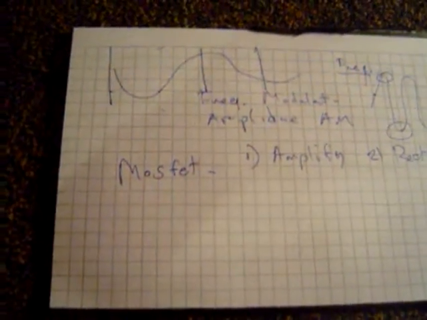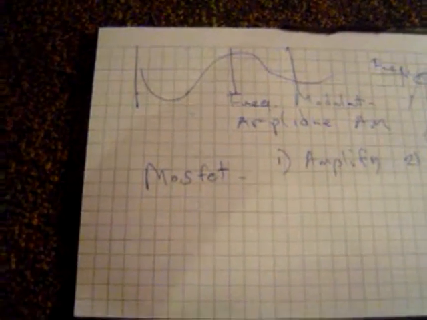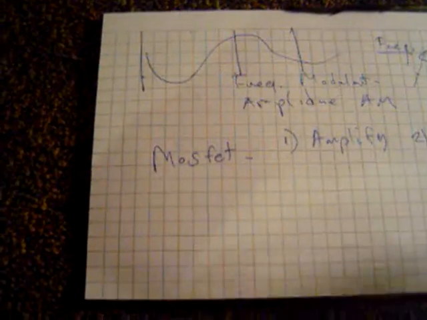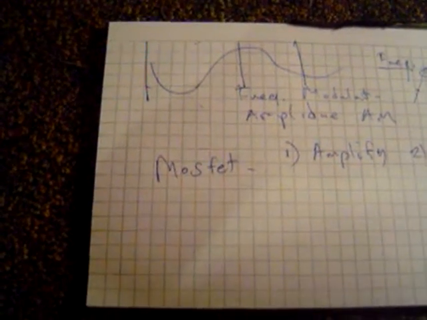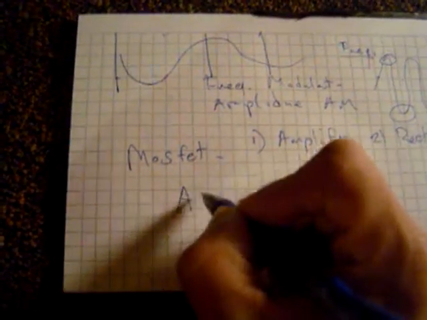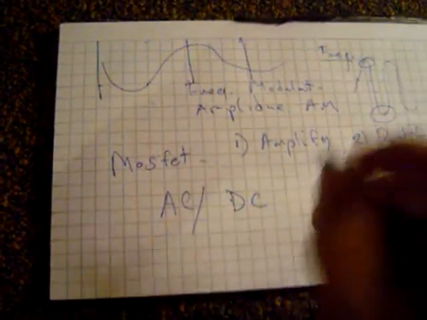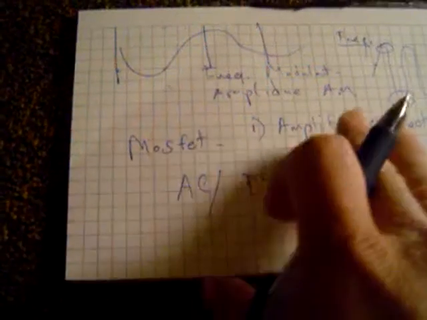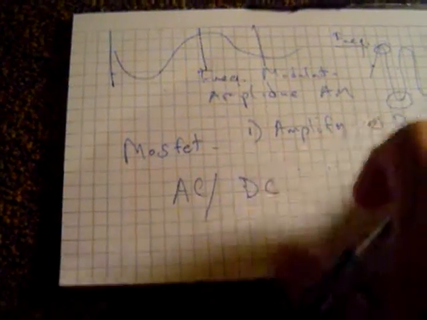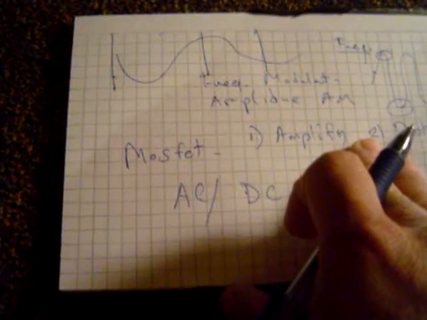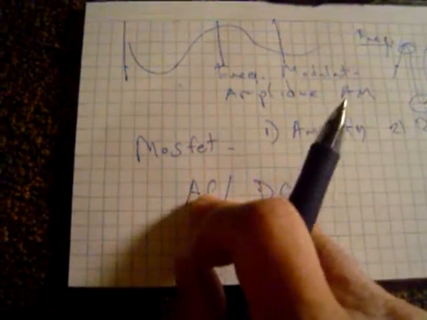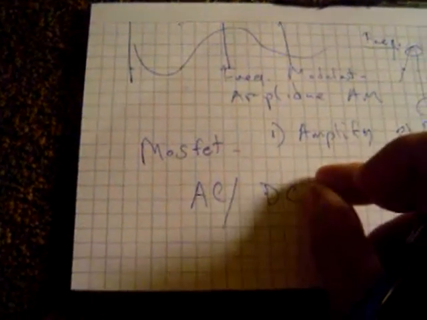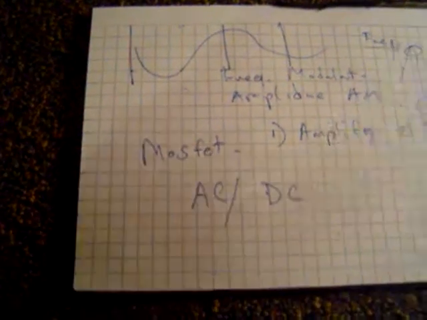The rectifying process essentially is how we convert the AC current, which is alternating current, to the DC current. So that's what a MOSFET is, just a form of these processes. A MOSFET is nothing more than a transistor, and a rectifier or a regulator is nothing more than a diode.